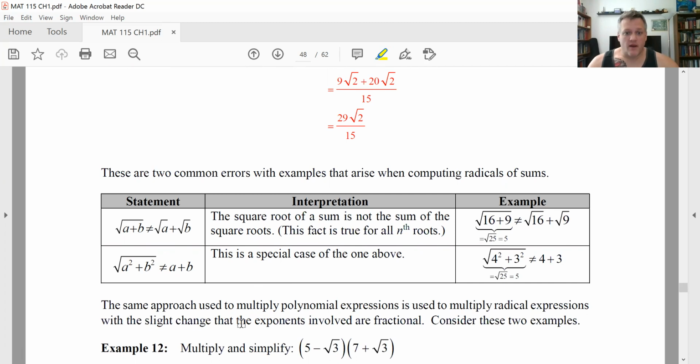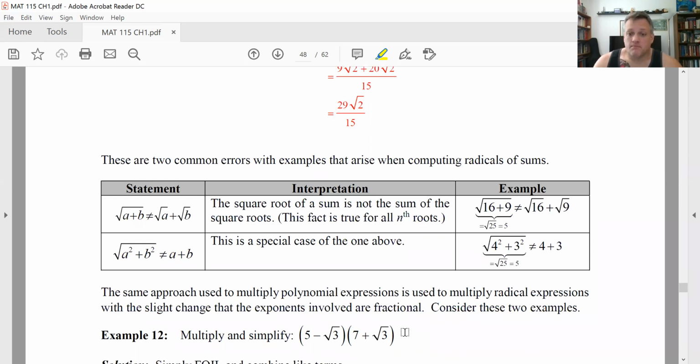All right, so what if I want to multiply expressions involving radicals, right? So I have a binomial times a binomial. It just so happens now that we have radicals in there instead of just variables. Same exact process works, right? This is product of 2 binomials, just FOIL it out, multiply this 5 times both terms, this minus radical 3 times both terms, and add the results, okay?